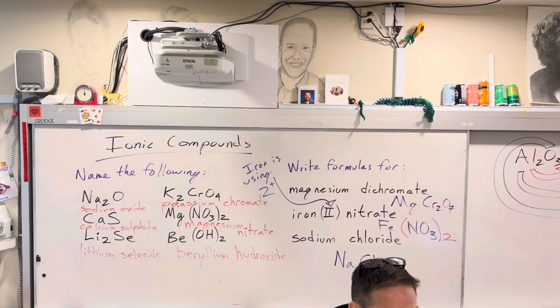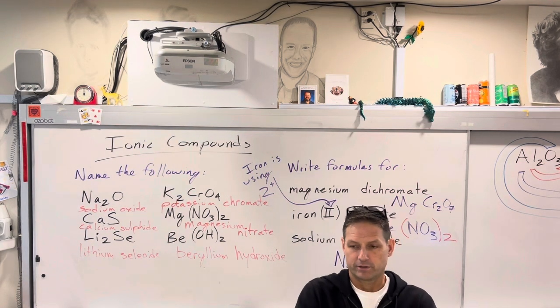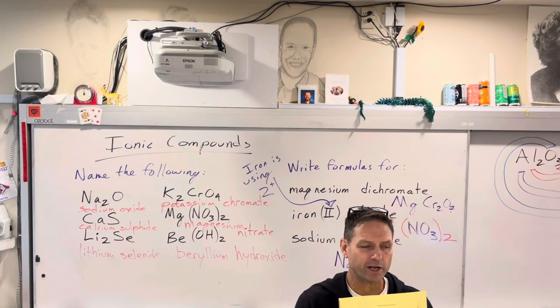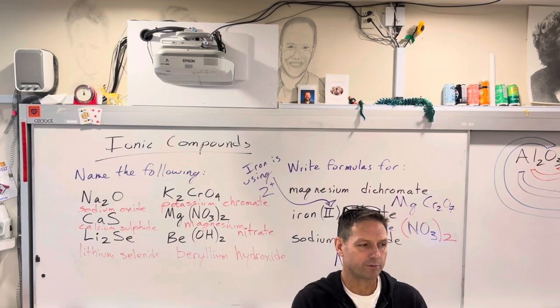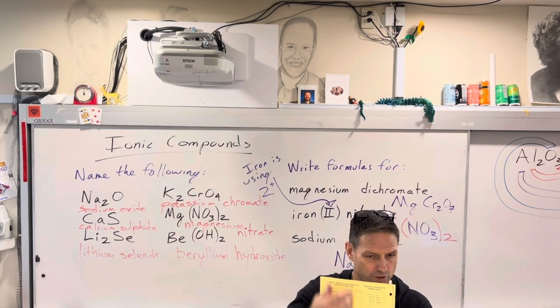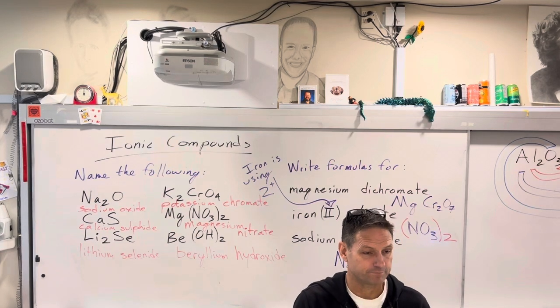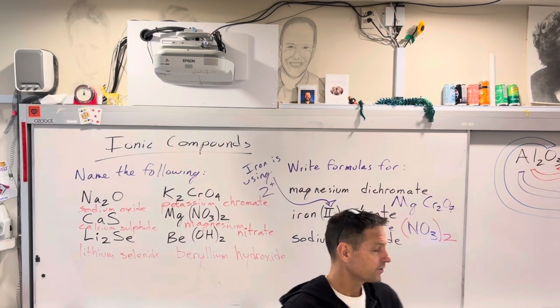Okay, so then what if it has more than one? Lucas, if it has more than one capital letter, good. Thank you very much. Regular elements are on your periodic table. Shrish, where are the polyatomic ions? On the back. Here's a list. These are all the ones you need to know in grade 10. There are more, but we don't care about them.